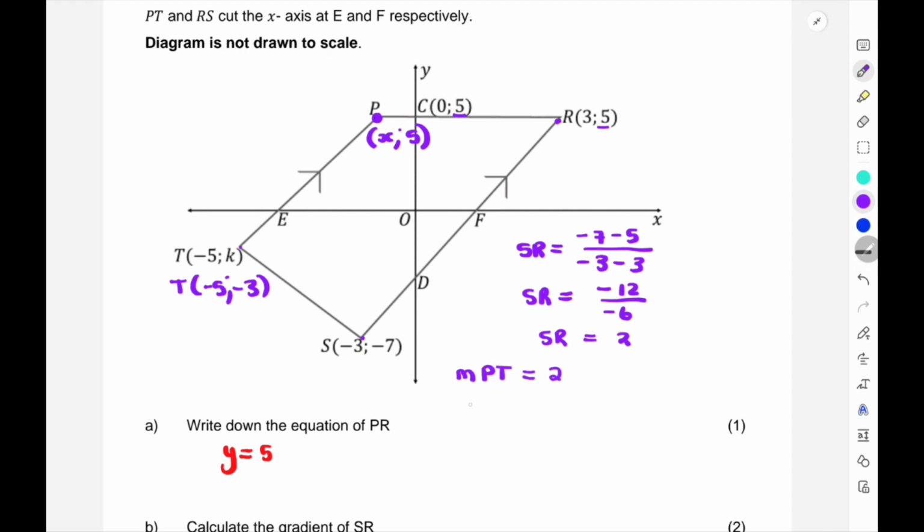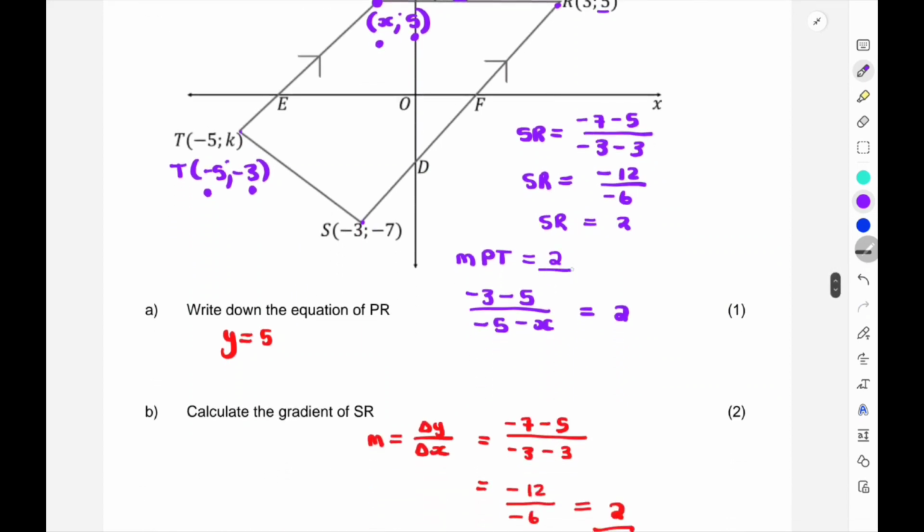So the change of y, -3 minus 5, over the change of x, -5 minus x, should give me 2, because they are parallel.